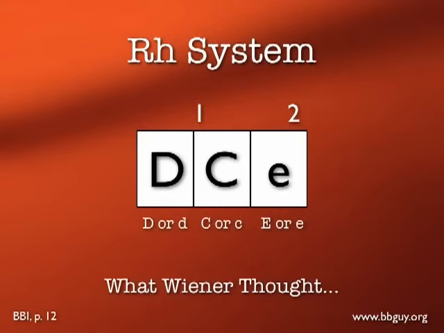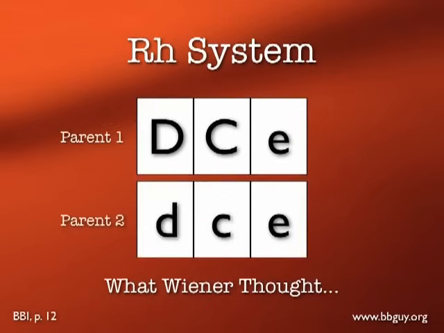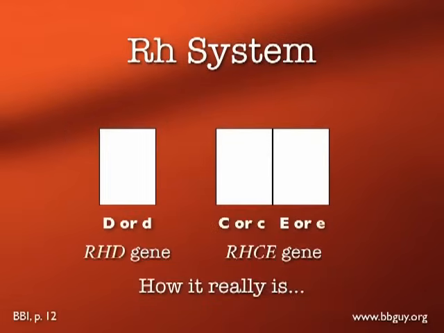Okay, so you got one haplotype from one parent, one haplotype from the other parent, and your overall Rh genotype and resulting Rh phenotype was based on this combination. Now, we know that Dr. Wiener wasn't quite right. There are actually two genes that give you your Rh genotype, the RhD gene and the RhCE gene.